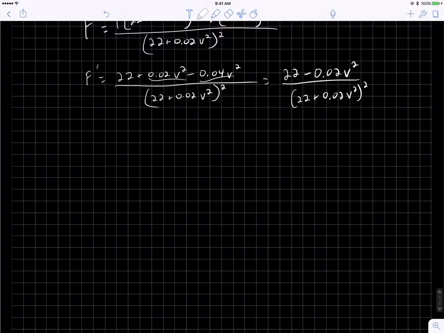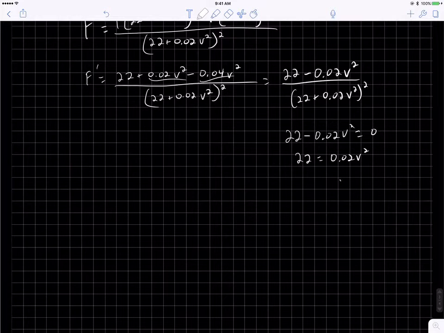So on the bottom, since I have v squared plus a number, I know that that's not going to produce any zeros because I'll end up trying to square root a negative. But the top will produce zeros. So I go 22 minus 0.02 v squared equals 0. I add the v squared part, so I get 0.02 v squared.